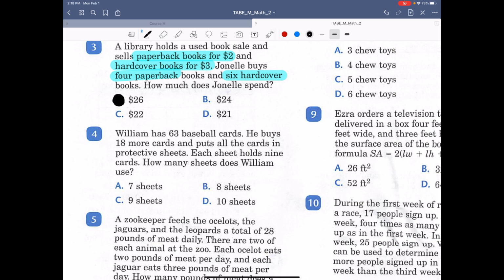William has 63 baseball cards. That's what he has. He buys 18 more, that suggests addition, and puts all the cards in protective sheets. Each sheet holds 9 cards. How many sheets does William use?